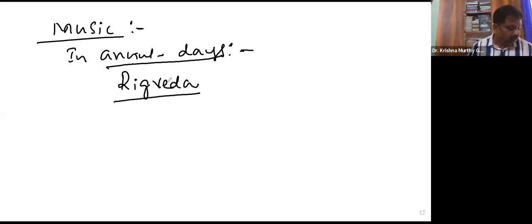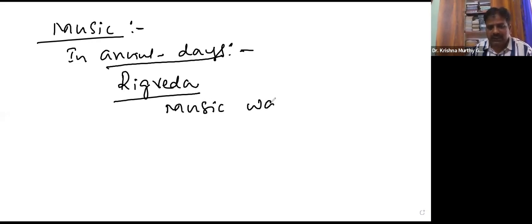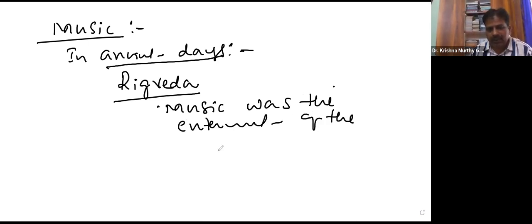It contained musical modes, and according to the Rig Veda, music was the entertainment of the Aryans.